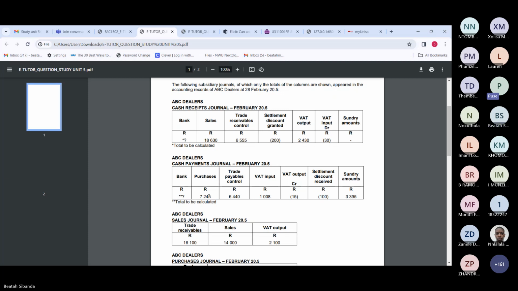Yes, I want to refer to the cash receipt journal before I ask a question about the cash payment. We said that we calculated the VAT output on the total sales, right? Yes. And now the same is what's going to happen when you calculate the VAT input on the purchases for the financial year, right?